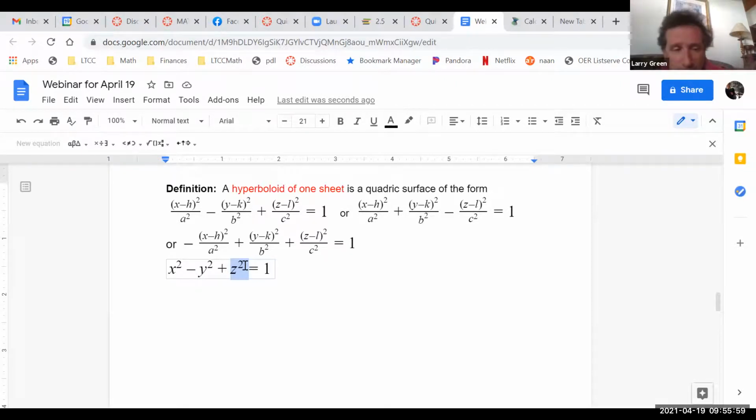Yeah, that's also a hyperbola. How about if you get rid of the y squared? What do you get? Yeah, then you get a circle. And by the way, had there been a number in front of z squared, you would get an ellipse.